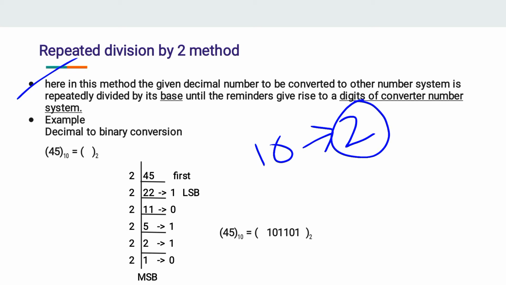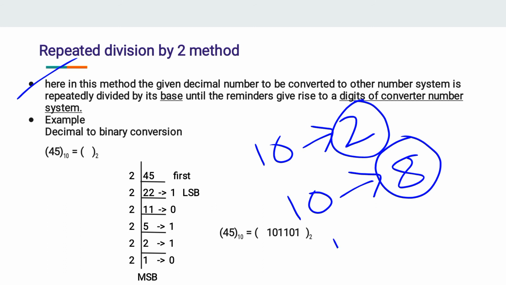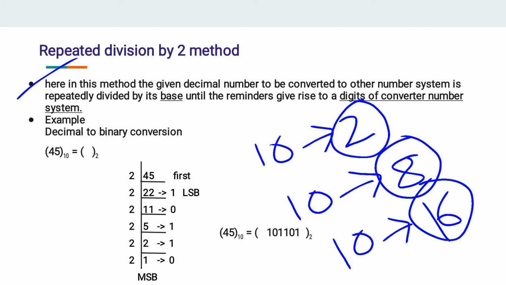For decimal to octal conversion, you have to divide it by 8. For decimal to hexadecimal, you have to divide it by 16. Clear?